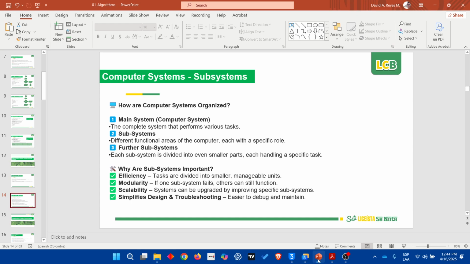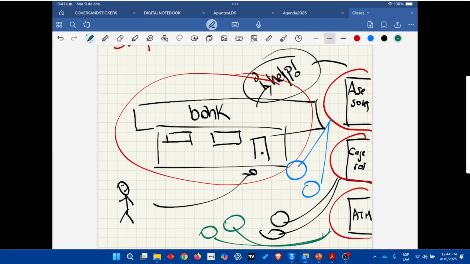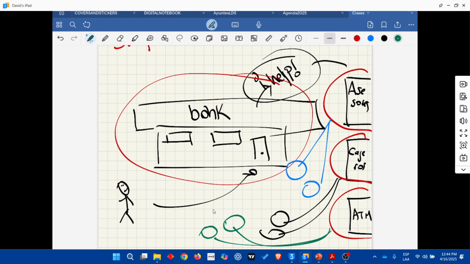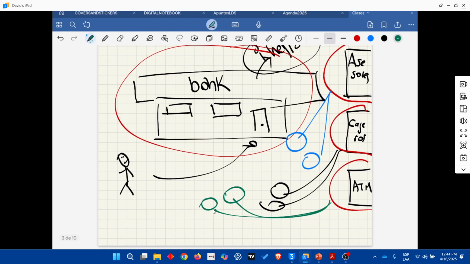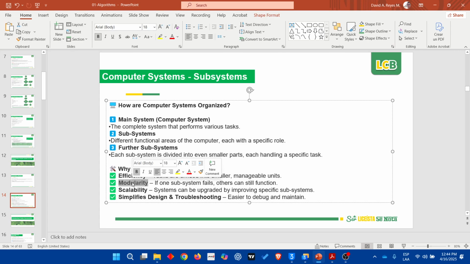To explain this, let's suppose that you go to the bank, and in the bank you find just one person, and that person is in charge of everything. So that is not going to be efficient. That is not modularity, because it's just one person doing everything. It's not going to be scalability, because how are you going to improve if you work alone?